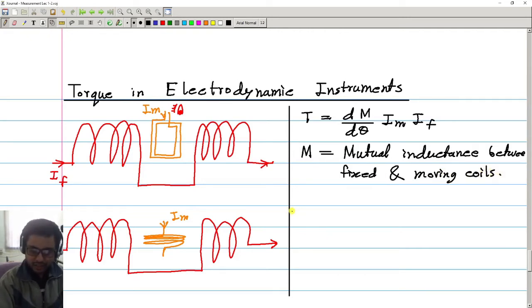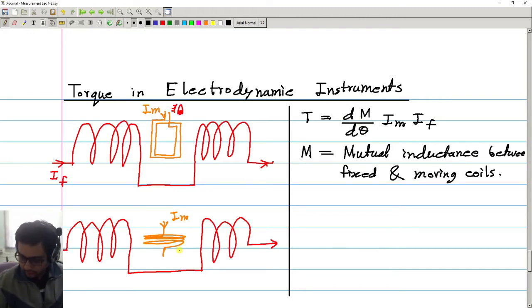And Im, you know, If you also know. Now here we are taking a derivative of M, mutual inductance. That means definitely it suggests that mutual inductance must be a function of the angle. Which angle? Angular position of this moving coil.